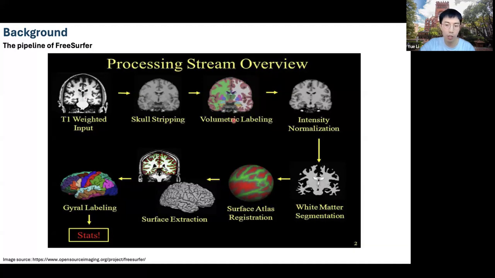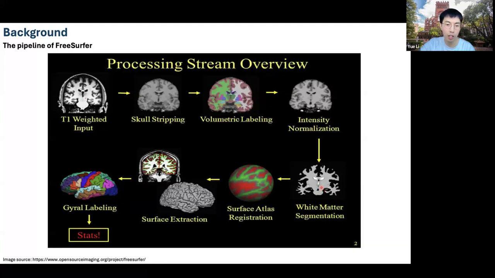These labels are used to kick off the white matter surface reconstruction. This pipeline didn't show the specific steps, but it includes the white matter segmentation that can be obtained directly from this segmentation step.